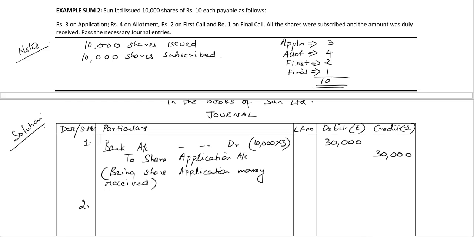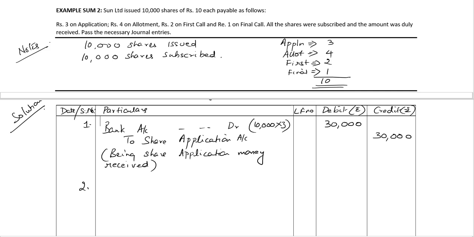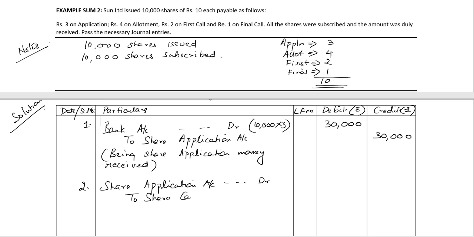The second journal entry: at the time of allotment, the share application money needs to be transferred to share capital. Share application account debit to share capital account.